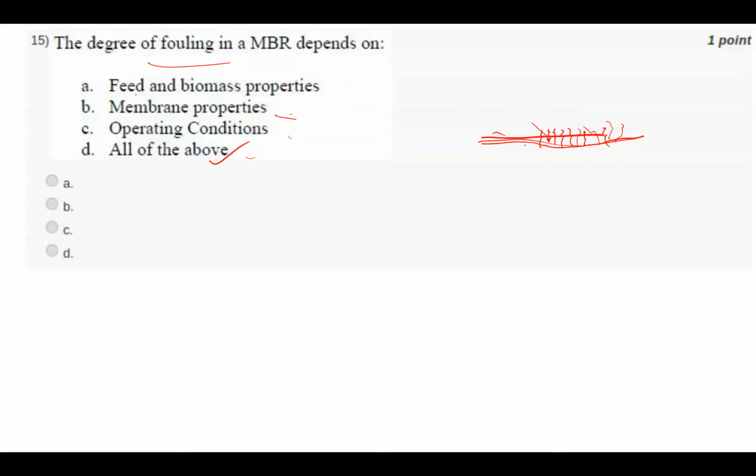But if it doesn't have anything, or is somewhat smooth, they can't attach that much. So that means the texture of the surface, and also the hydrophilicity and hydrophobicity of the surface, then operational conditions, all these things will matter for MBR fouling.